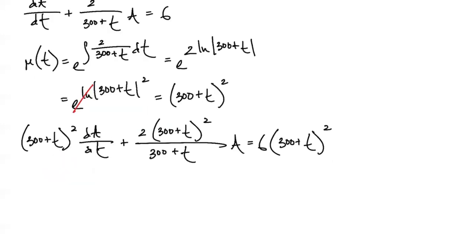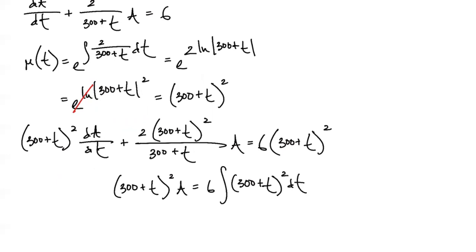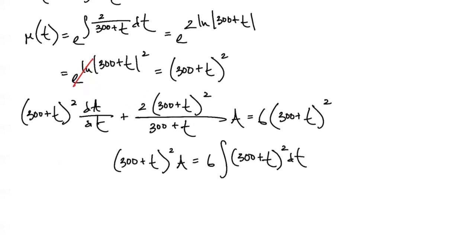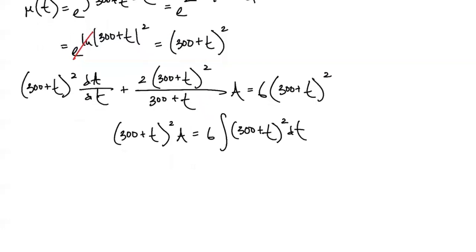All right, I can pack up the left-hand side, so I'm going to do that and integrate in the same step. (300 plus t) squared times A equals 6 times the integral of (300 plus t) squared dt. We can use a little u-sub here to integrate.